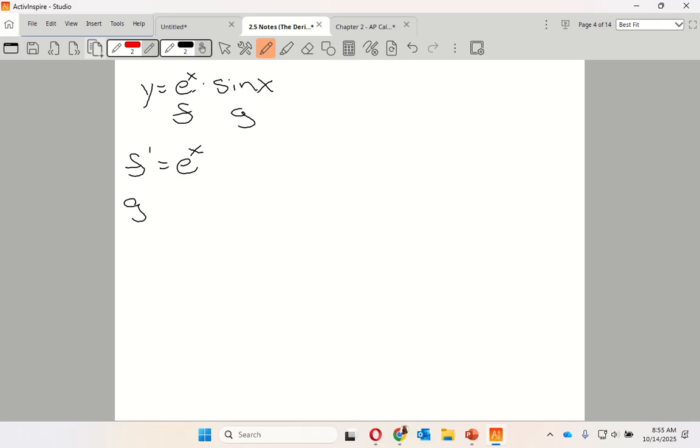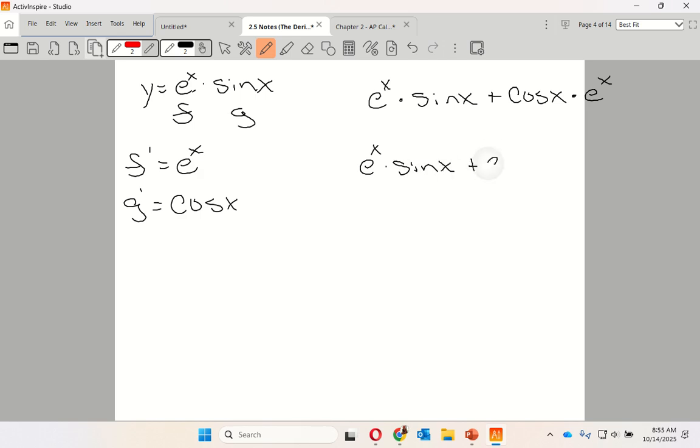And g prime, the derivative of sine, cosine x. Very good. So product rule. So f prime, e to the x times g, sine x, plus g prime, cosine x, times f, e to the x. So I'm going to have e to the x sine x plus e to the x cosine x.